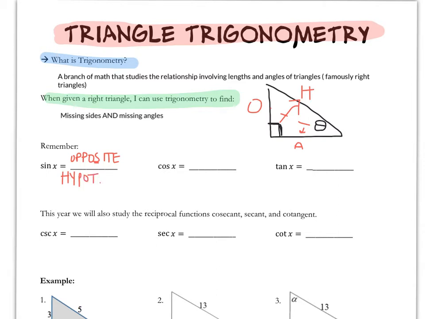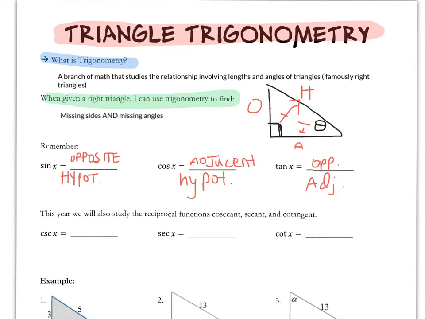Cosine is adjacent over hypotenuse. And tangent is opposite over adjacent. So sine is opposite over hypotenuse, cosine is adjacent over hypotenuse, and tangent is opposite over adjacent.